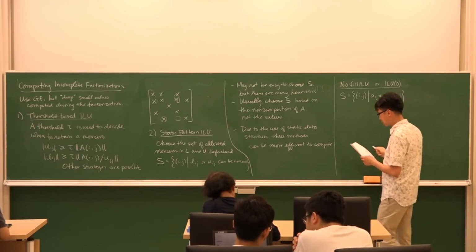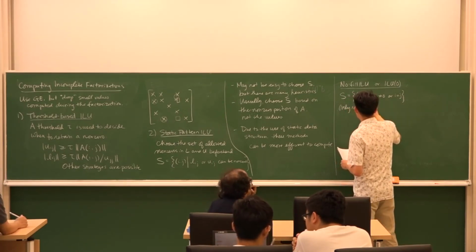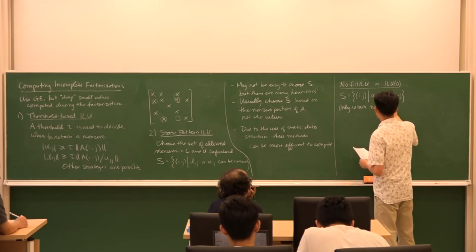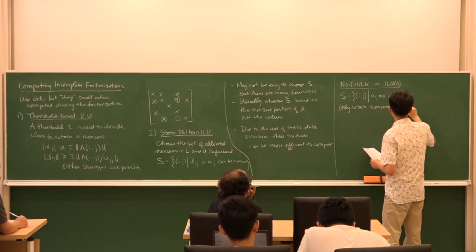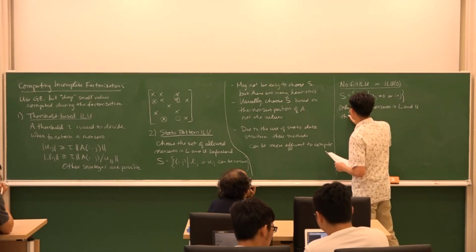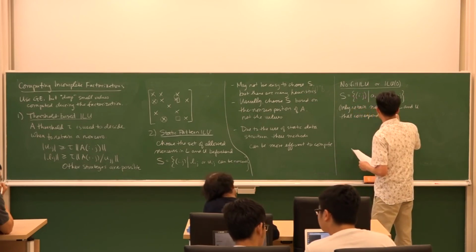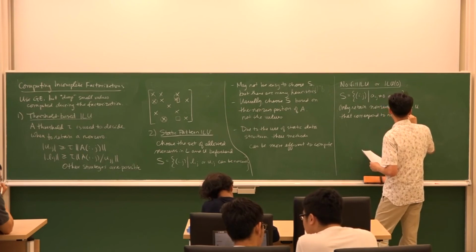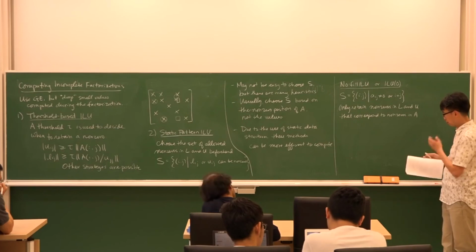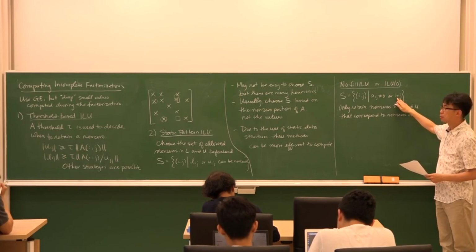In other words, we only retain in the Gaussian elimination process non-zeros in L and U that correspond to non-zeros in A. And also, we always retain the diagonal, so i equals j.